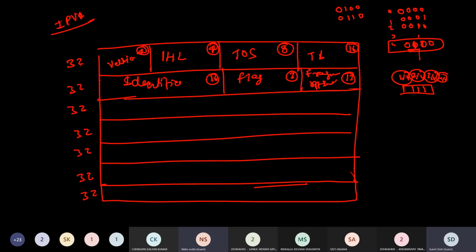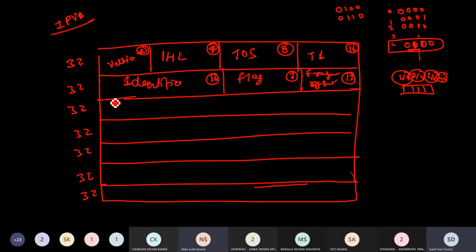In that case, it will check the fragmentation offset value. If it is allowed, the router will do the segmentation. Otherwise, if it is not possible to send it, the router will drop it, which comes under filtering. So the fragment offset value tells whether you can do further segmentation or not.